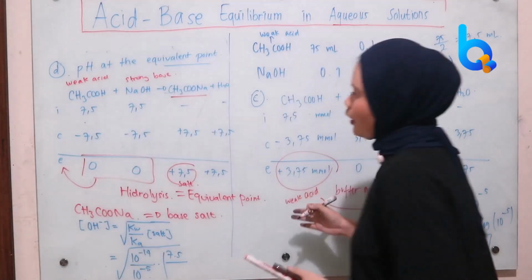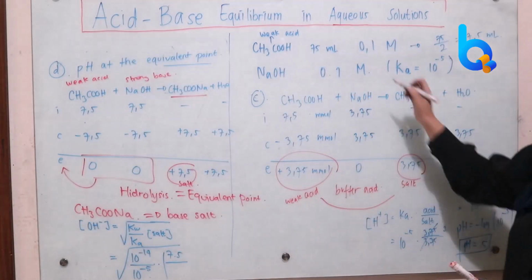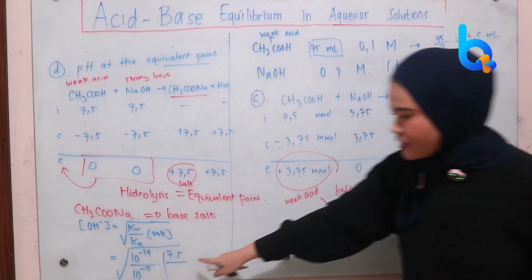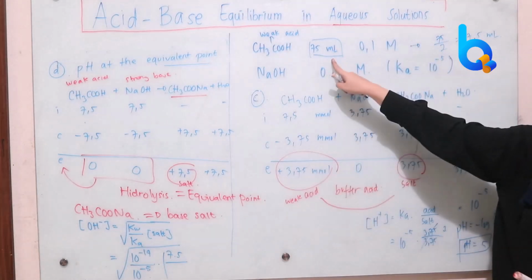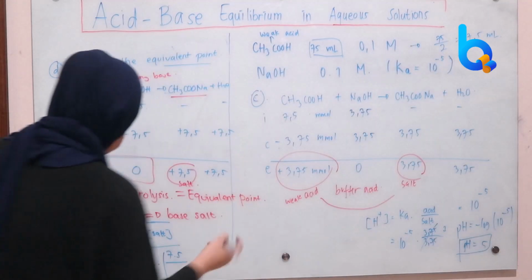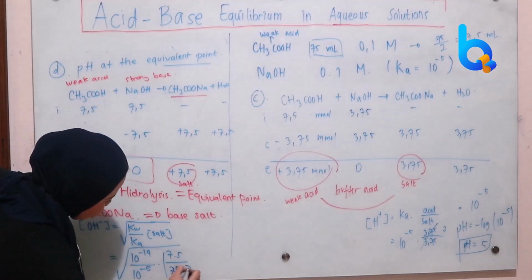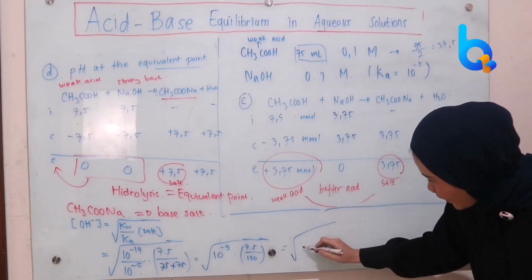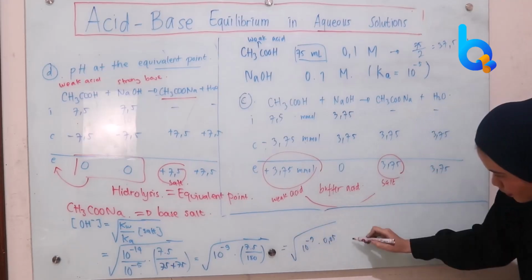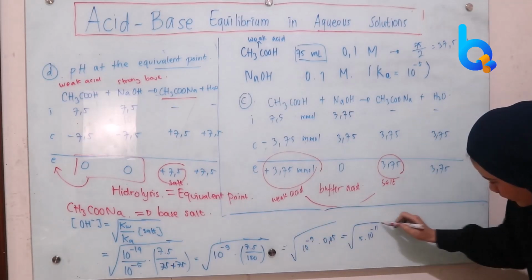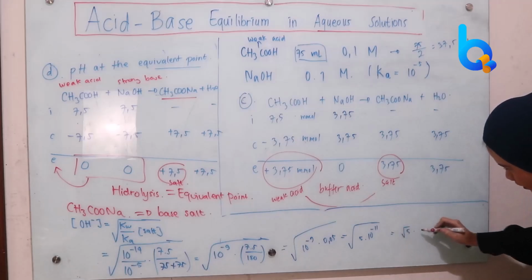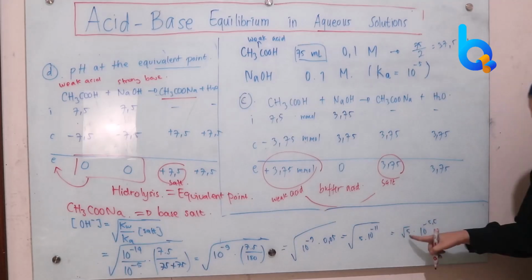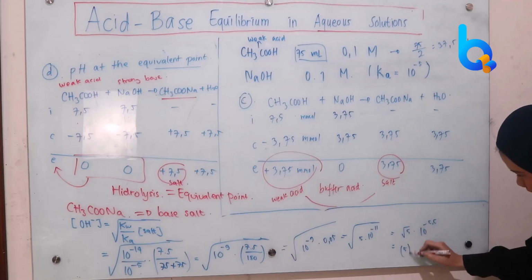Okay, but we have to be careful to look at the volume because this is the total volume, so 75 plus 75 plus 75. Okay, because of the total, after this we calculate this to this, so it is equal to 5.